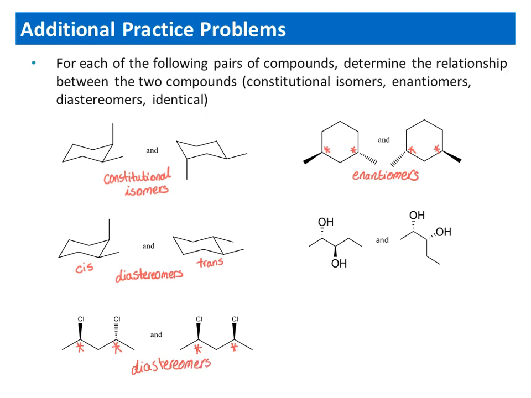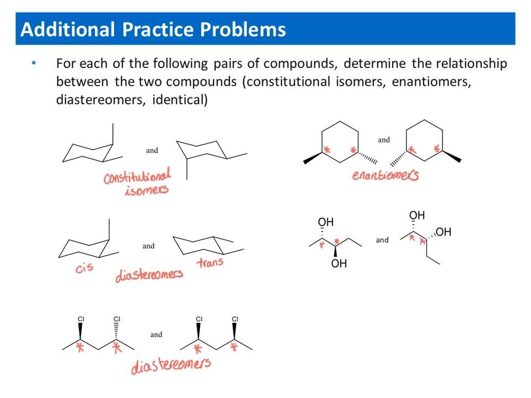Now let's look at the last molecule. The last molecule can be a little bit tricky. Again, we have same molecular formula, same bond connectivity, so they are not constitutional isomers. Then we need to think about stereoisomers. Do we have chiral centers? Yes, we do. So we have chiral centers right here.